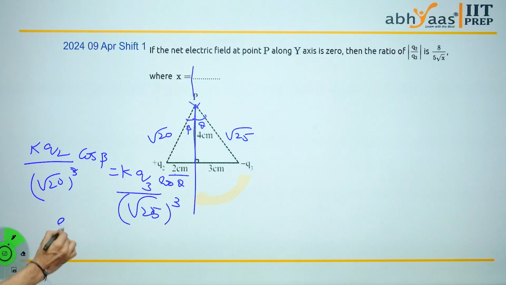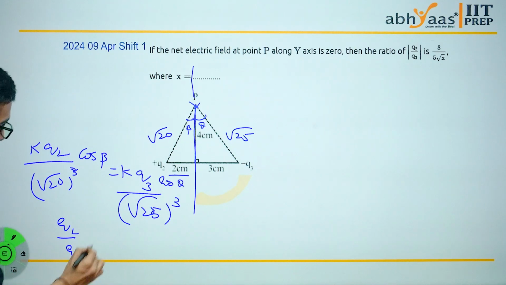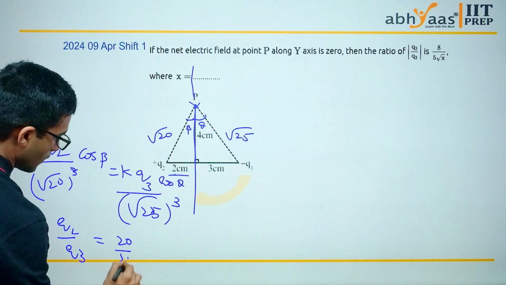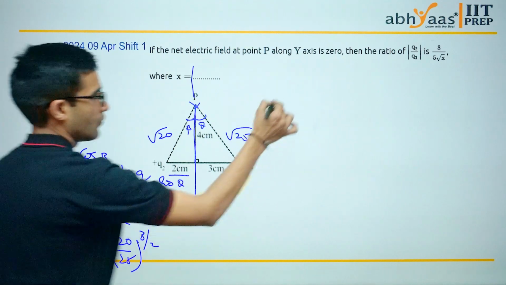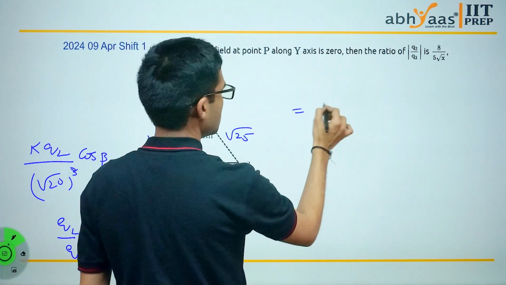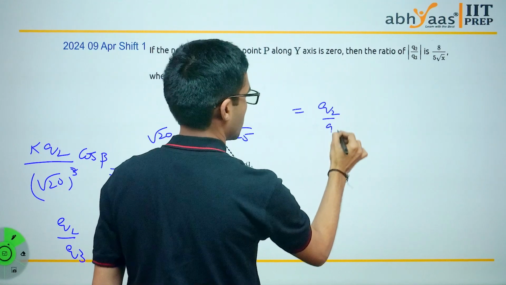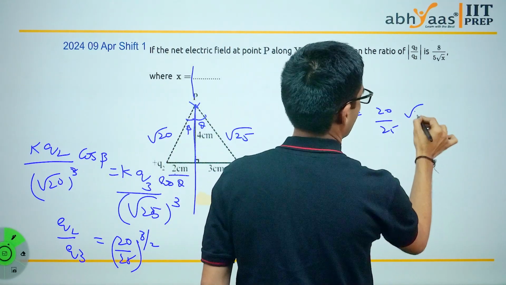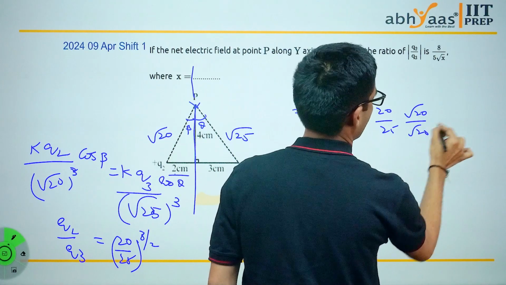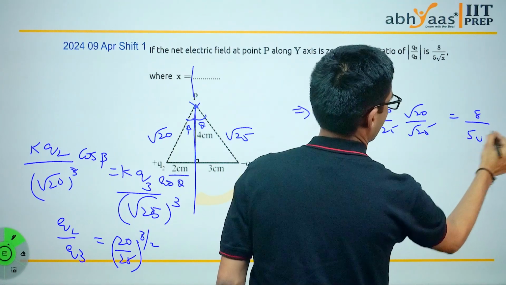So Q2 by Q3 is equal to 20 by 25 power 3 by 2. Now if you write like this, Q2 by Q3 is equal to 20 by 25 into root 20 by root 25, equal to 8 by 5 root x.